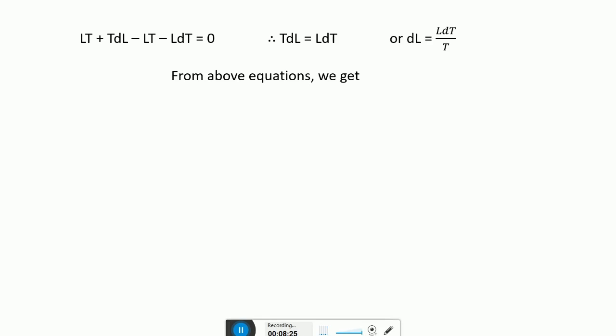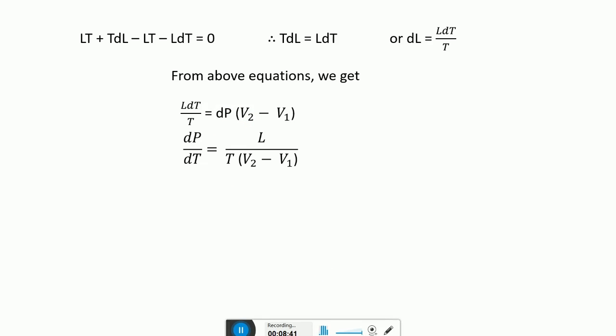So by solving this, we get LT + T dL - LT - L dT = 0. Cross multiplication: the first term and third term get cancelled. So we get T dL = L dT, or dL = L dT/T. Putting the value of dL here, L dT/T, and the right side is as it is, dP × (V2 - V1).